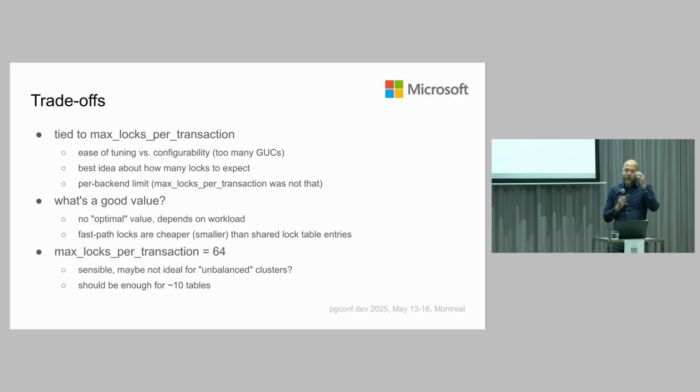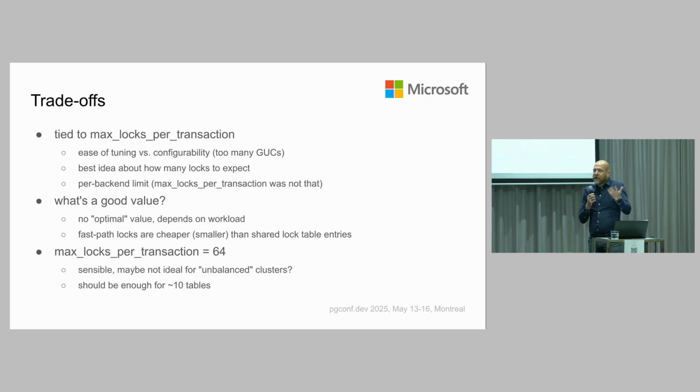But first, let's talk about the trade-offs. I already mentioned that it's tied to an existing GUC configuration option, which is called max locks per transaction. We could have another GUC specifically for that, but we don't want to add more tunables, right?